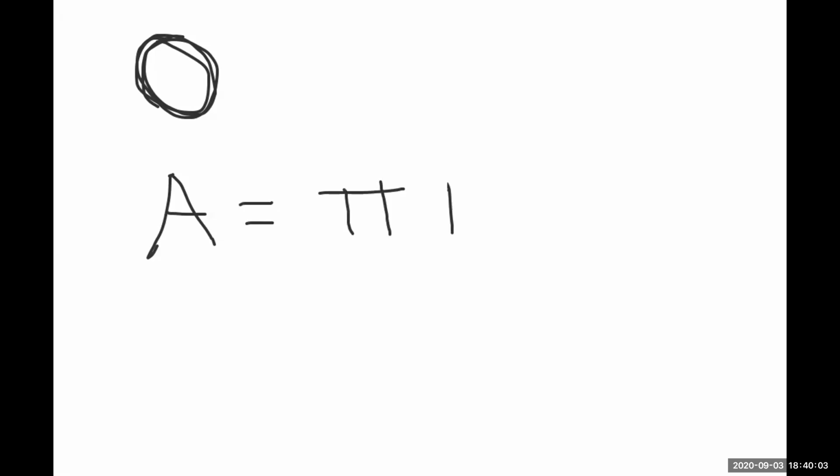So first, if we're talking about a circle, the area, and that's a horrible circle, but let's just pretend that's a circle. All of these examples are for the circle. The area of a circle equals pi r squared.